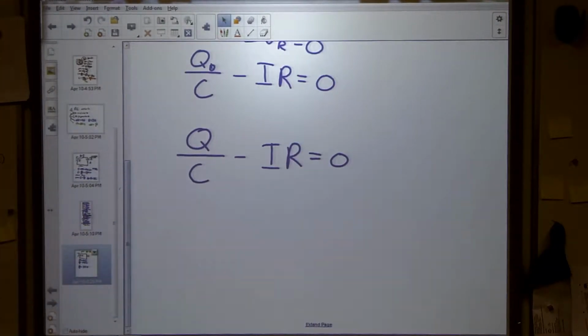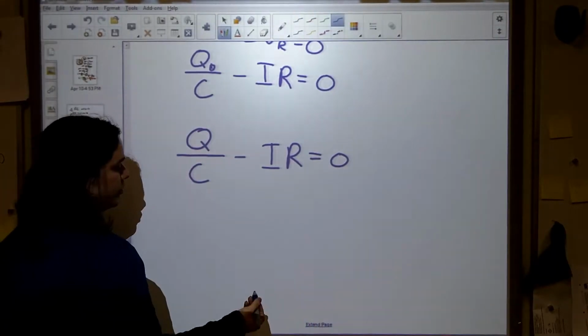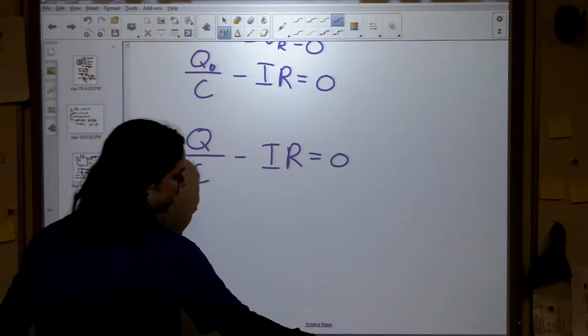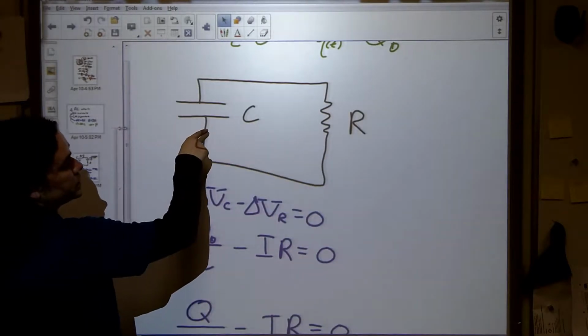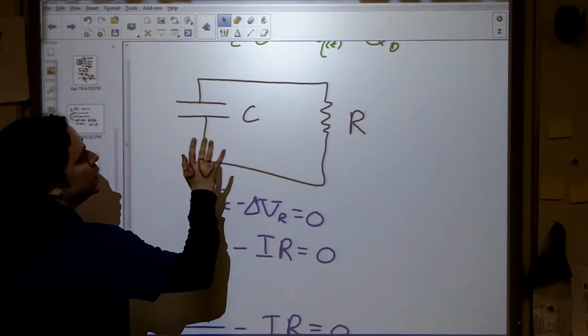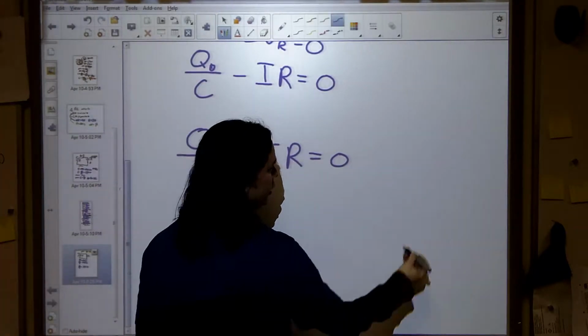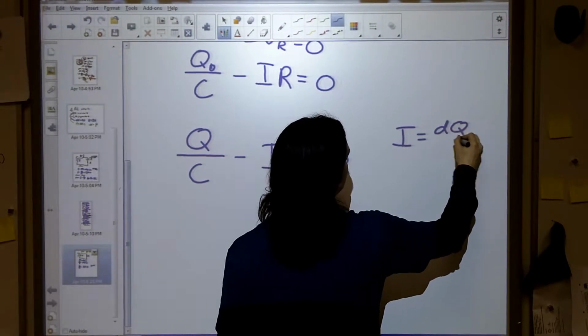All right. Now, here's the thing. There's one extra thing that we need to incorporate in this. When you're discharging, there's actually an extra negative that comes into this. I know I've been absolutely terrible with negatives recently, but in this case, our current, last time we saw that the current equals dq dt.